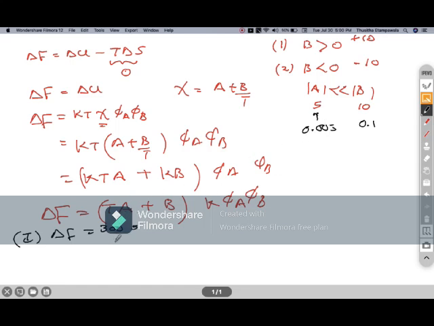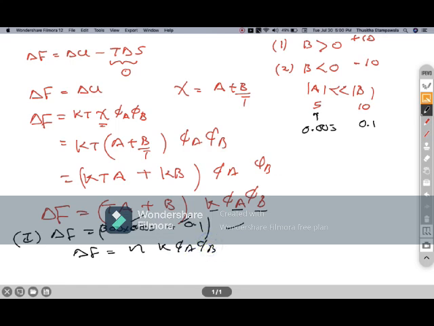Then my answer here is 300 times 0.005, plus 0.1, and then I have the Boltzmann constant times phi A phi B, some numbers. In the first case I will get a positive number, because this is positive and this is positive, so I will write n times K phi A phi B.